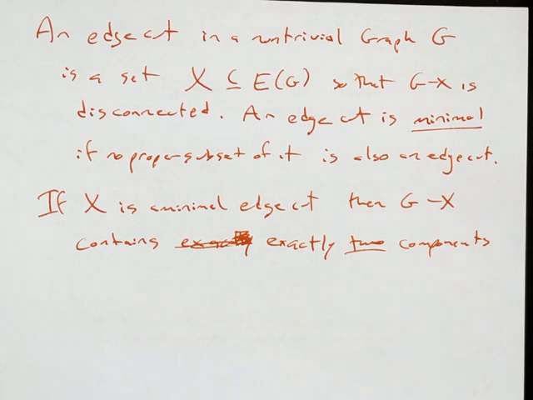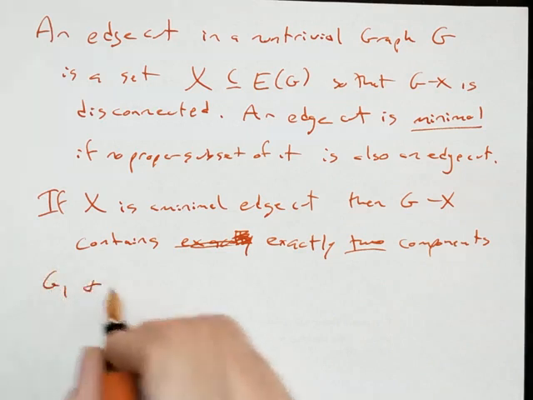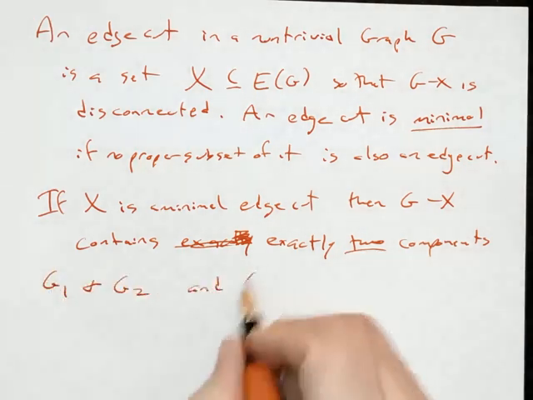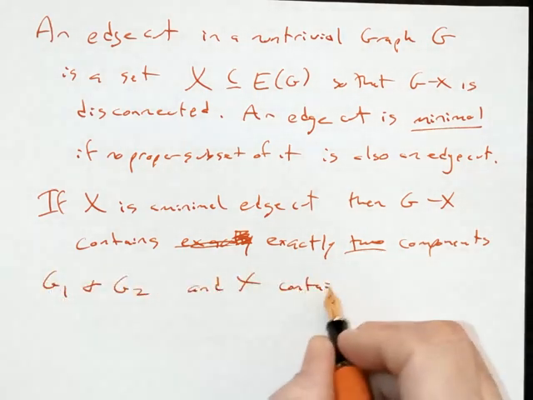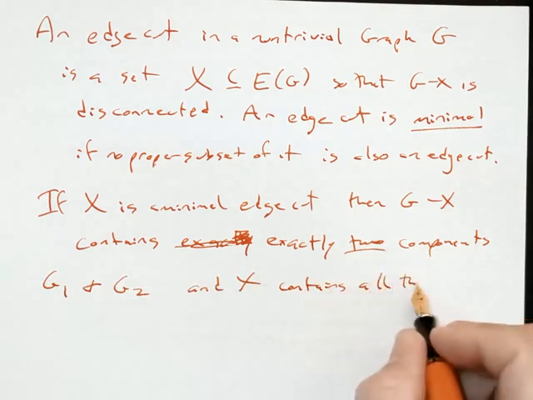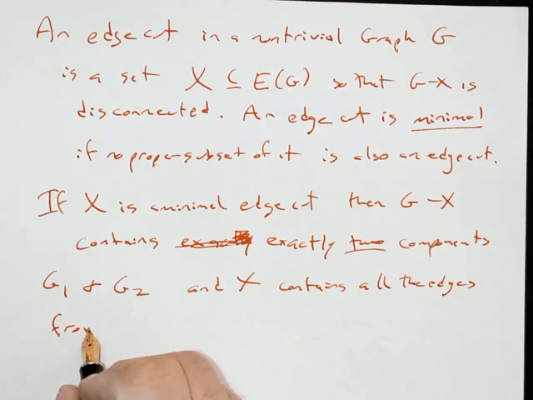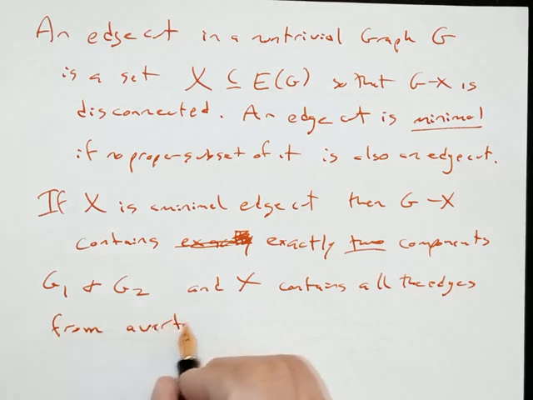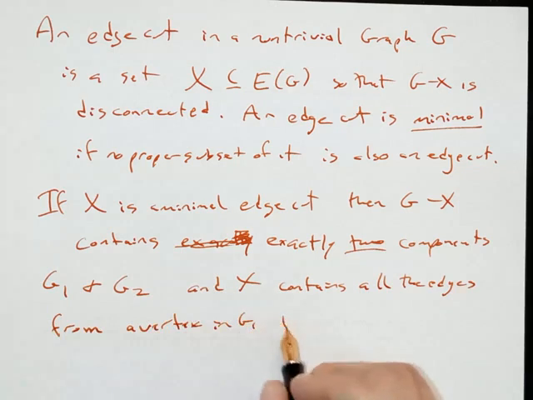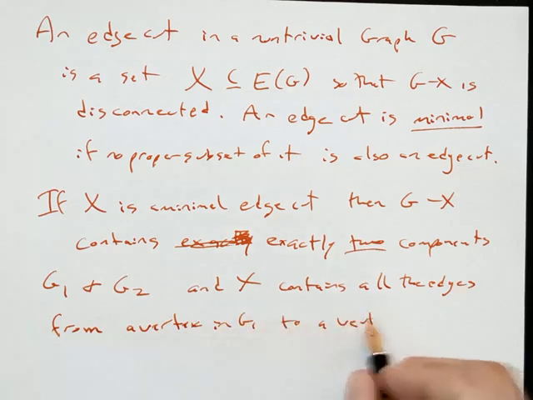I have only 2 components, G1 and G2, and the cut contains all the edges from a vertex in G1 to a vertex in G2, and vice versa.